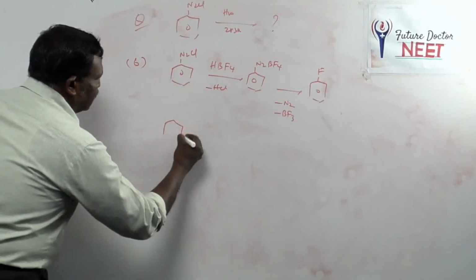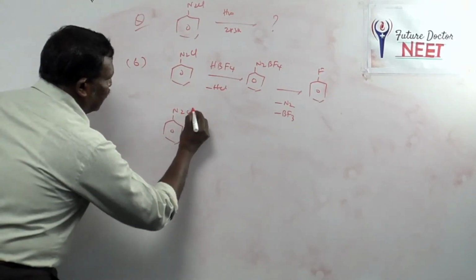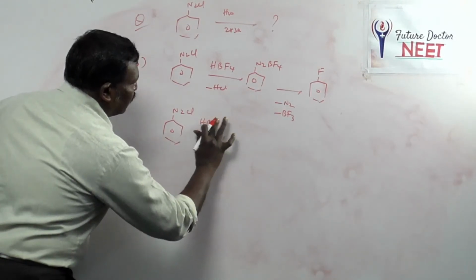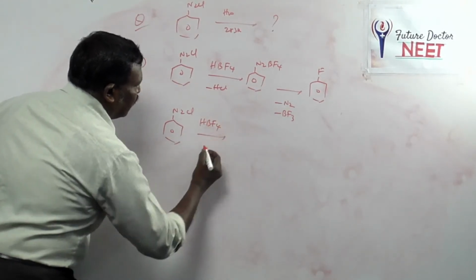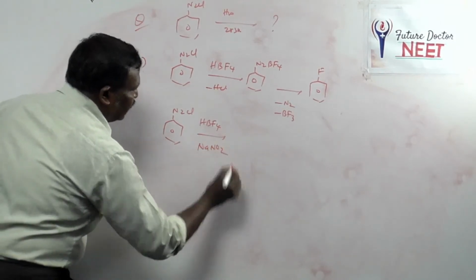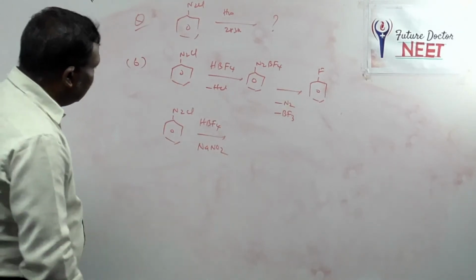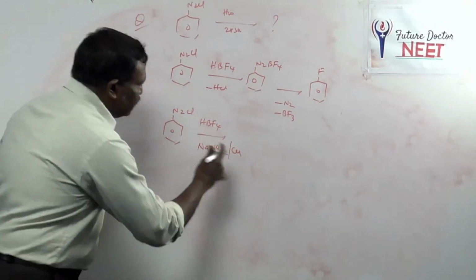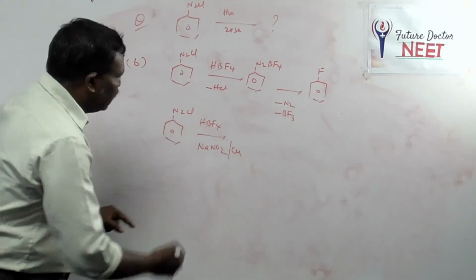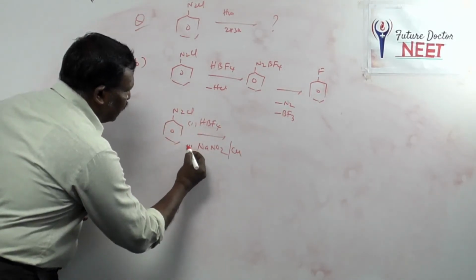Another one, the same thing, benzene diazonium chloride with HBF4, in presence of sodium nitrite and copper powder. First this will react. Conditions, first one, second one, they will put like this.